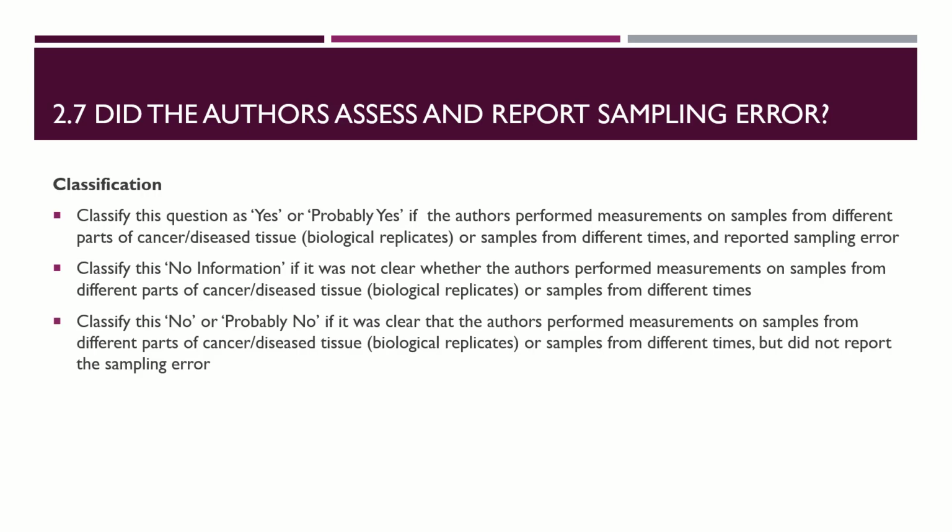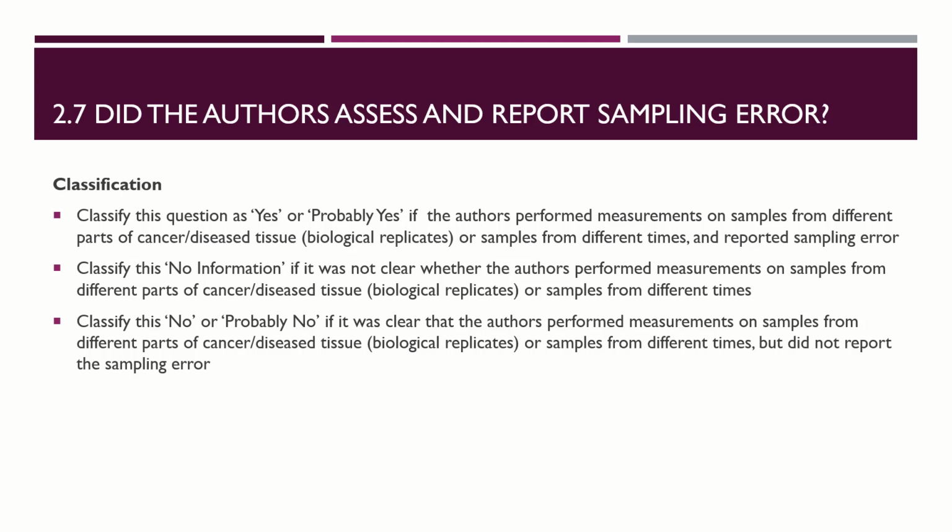Okay, so classification. Classify this question as yes or probably yes if the authors performed measurements on samples from different parts of cancer or disease tissue, or samples from different times, and actually reported what the sampling error was. Now classify this as no information if it was not clear whether authors performed measurements on samples from different parts of the cancer or disease tissue, or it was not clear that they took samples from different times.